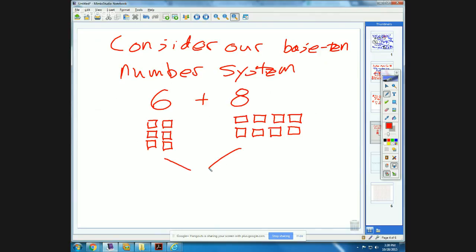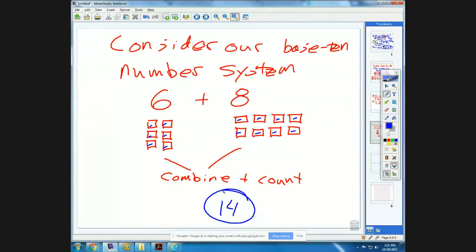And then I do what addition means, which is combine and count. 1, 2, 3, 4, 5, 6, 7, 8, 9, 10, 11, 12, 13, 14. And so I can see the answer has got to be 14. And if we only do that, we're missing an opportunity. And the opportunity is to remind kids about what our number system means, what place value means.